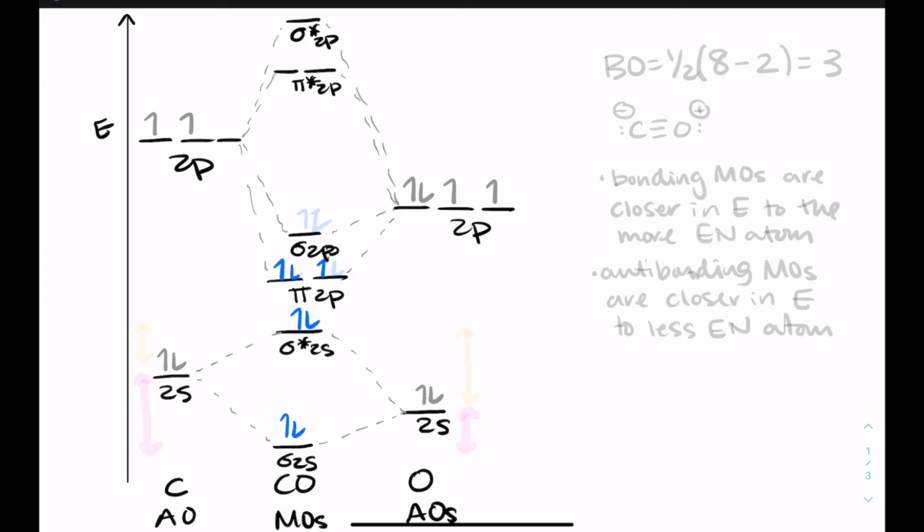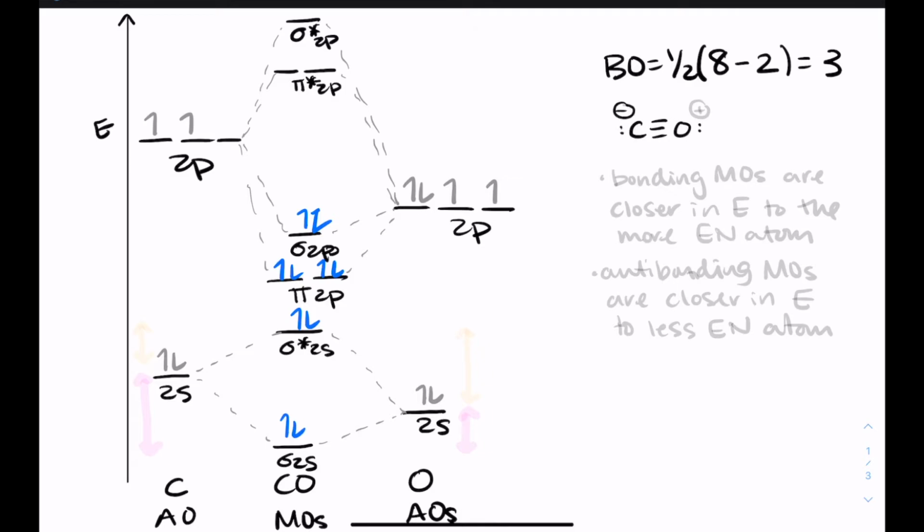Now, what will happen as you do this, because the bonding MOs are always lower in energy than any of the atomic orbitals that made them. The anti-bonding MOs are always higher in energy than the atomic orbitals that made them.